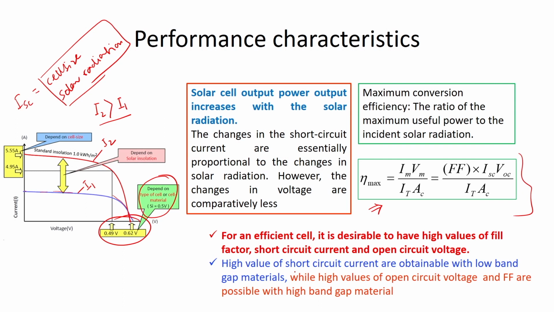The high values of short circuit current are obtainable with low band gap material, while high values of open circuit voltage and fill factor are possible with high band gap material. So, we have to make a compromise on how to increase the efficiency of a solar cell.